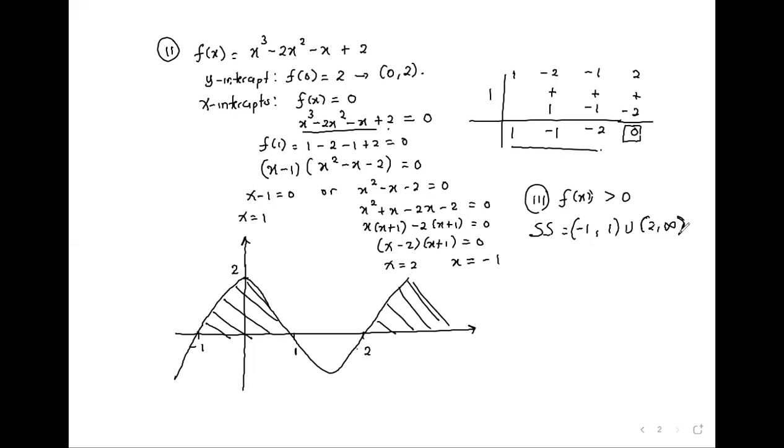So next, on the last part, whenever you have a question that is asking to find where f is greater than 0, they're asking to find where the curve is positive. Now, the question of whether the curve is positive or not is about the y value.